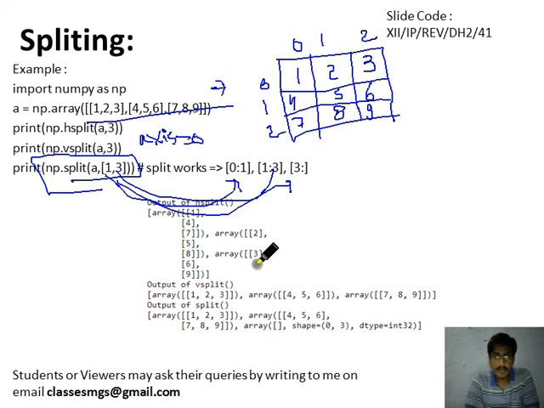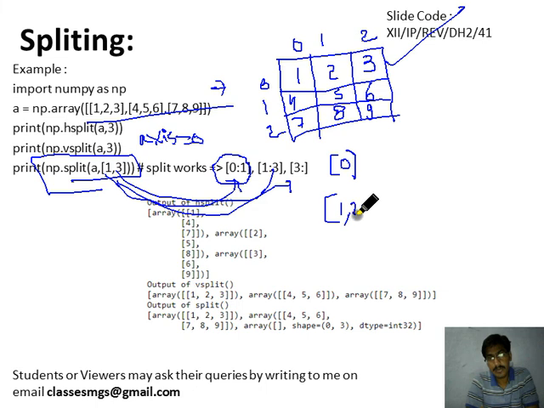So 0 to 1 means 1 minus 1, which is 0, so row 0 will be selected, and 1 2 3 will be printed. Then 1 to 3 means rows 1 and 2 will be selected, so 4 5 6 and 7 8 9.